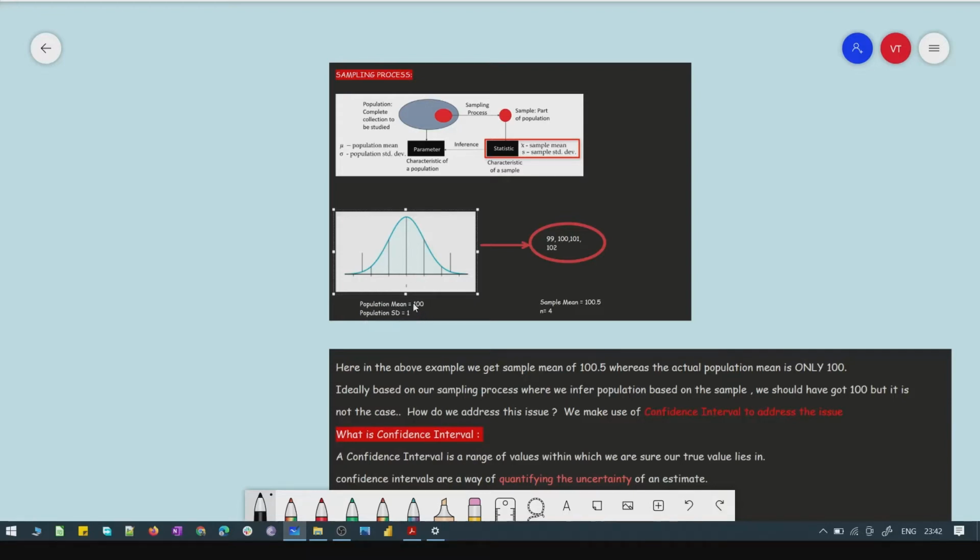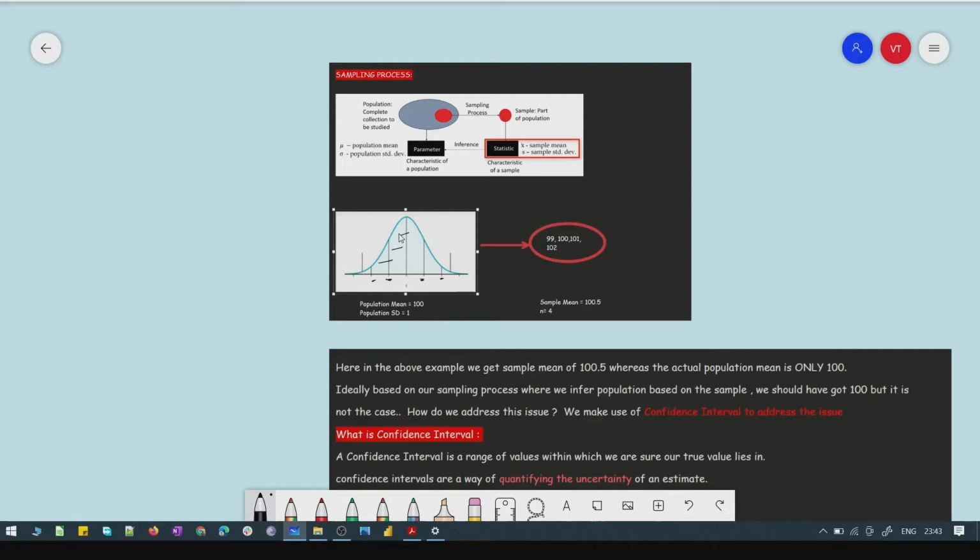The standard deviation is the distance you see on the right side and the left side of the center. This represents your first standard deviation, and this is going to be your second standard deviation, and so on and so forth.